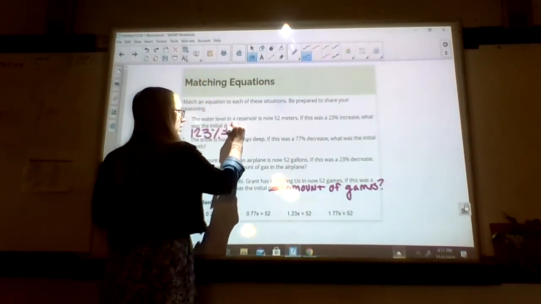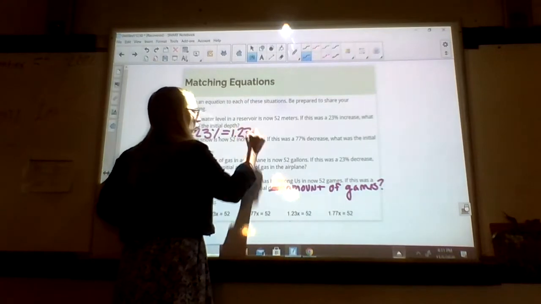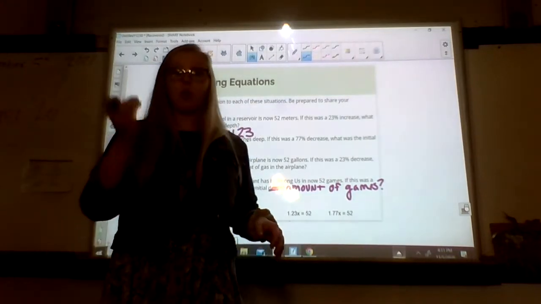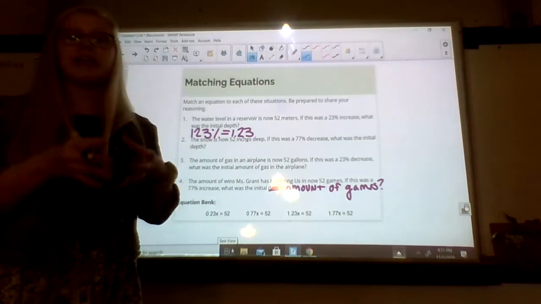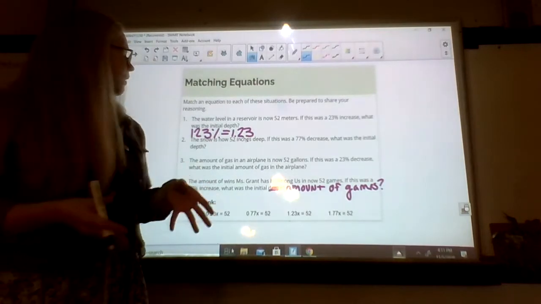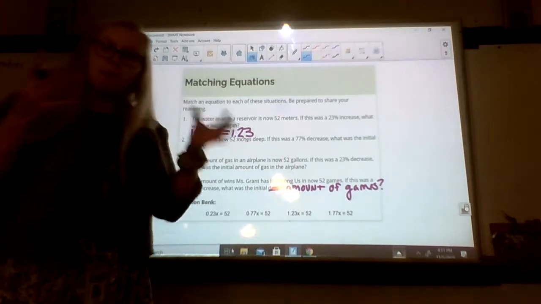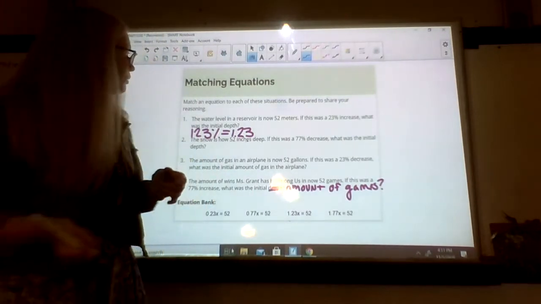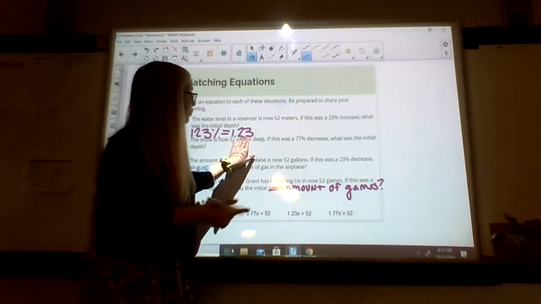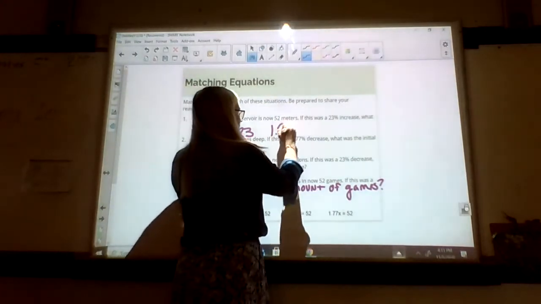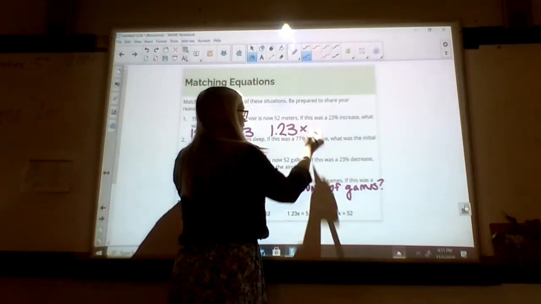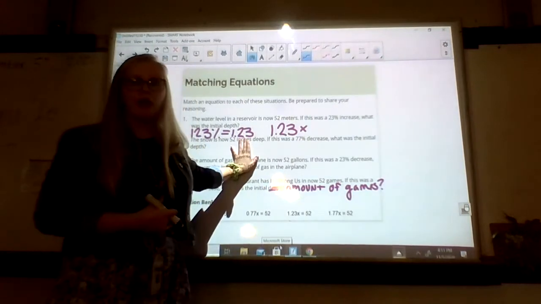123% is going to be the same as 1.23. So I'm trying to find 1.23 of our initial depth. If I'm trying to find percent of something, I just multiply. So I'm going to take 1.23 and multiply it by the original depth, whatever that is.